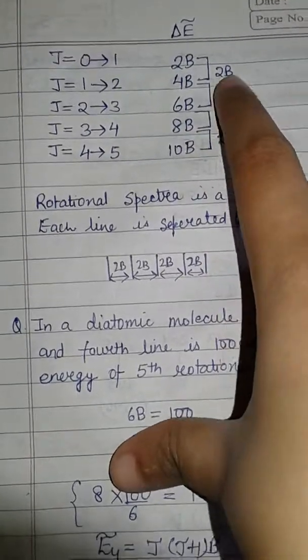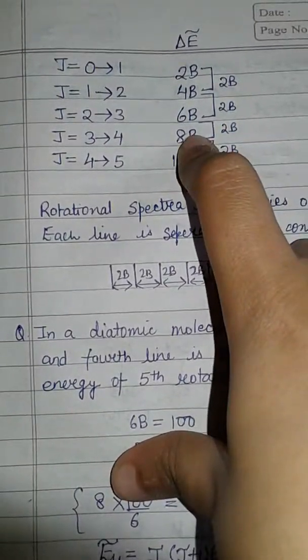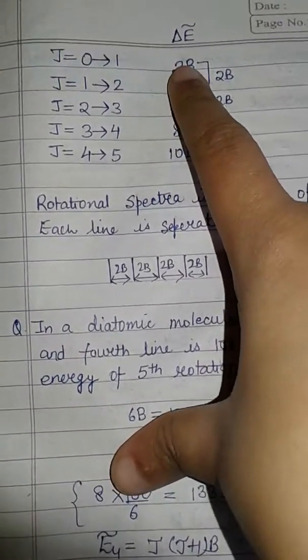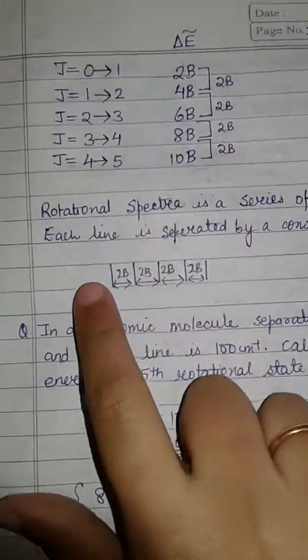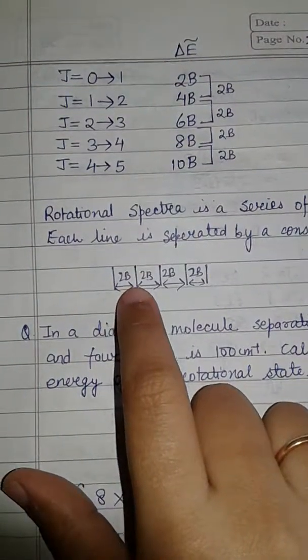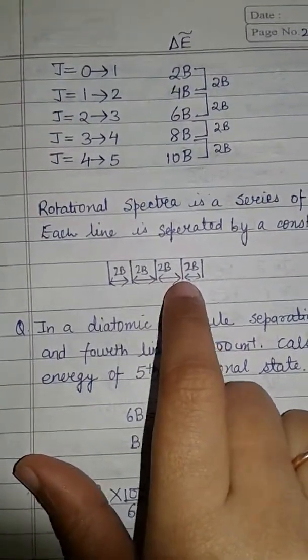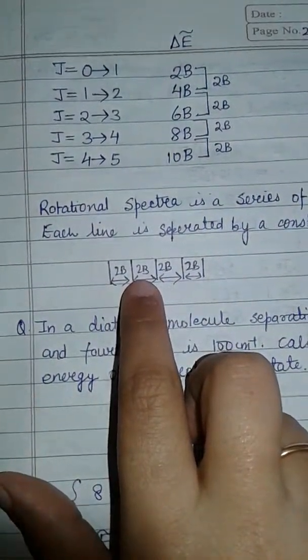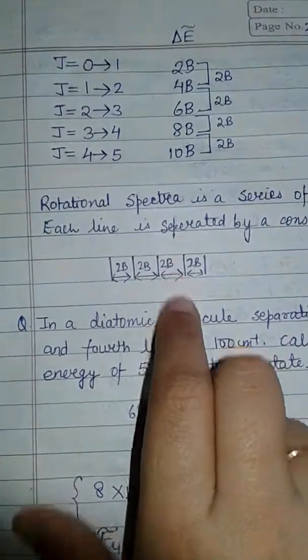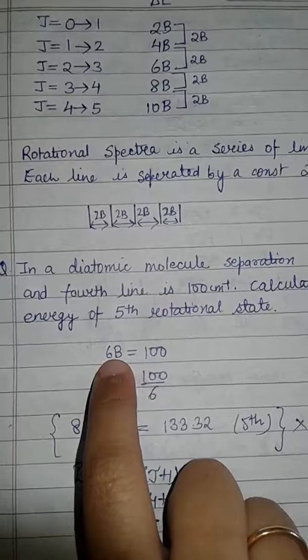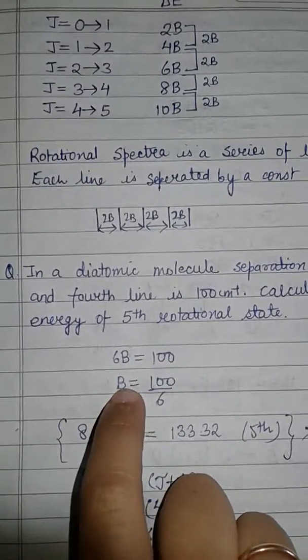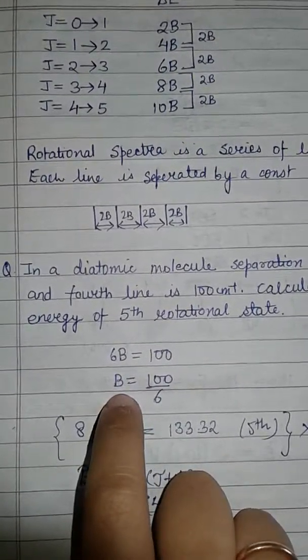So separation between both is 8B minus 2B, which equals 6B. Total separation is 2B plus 2B plus 2B, that is 6B. It is given as 100 centimeter inverse, so 6B equals 100 centimeter inverse.